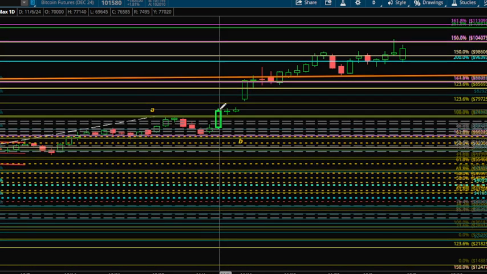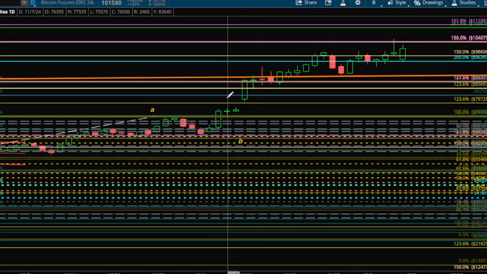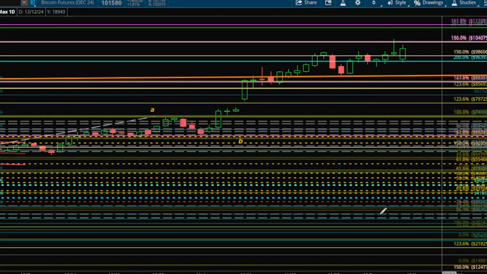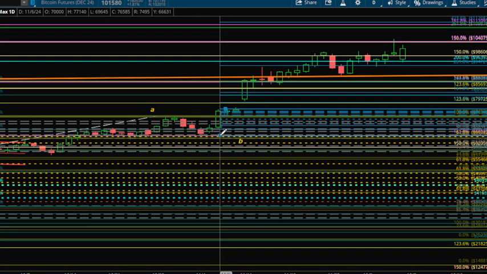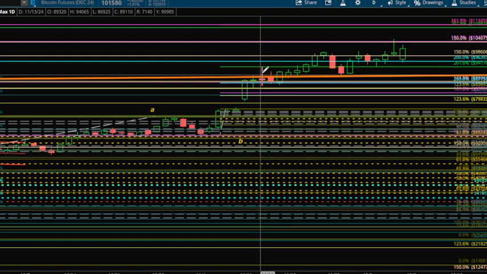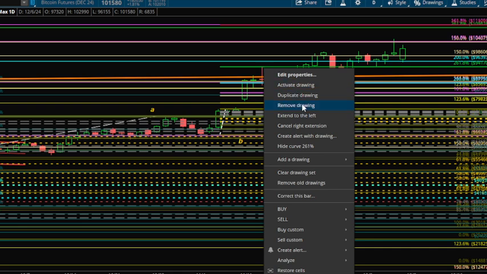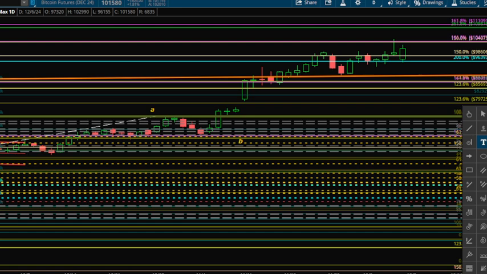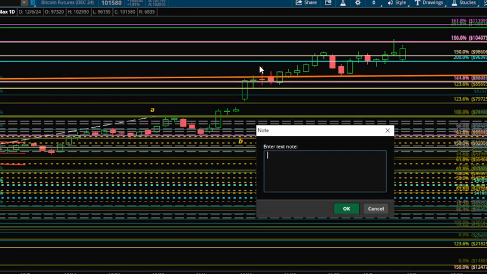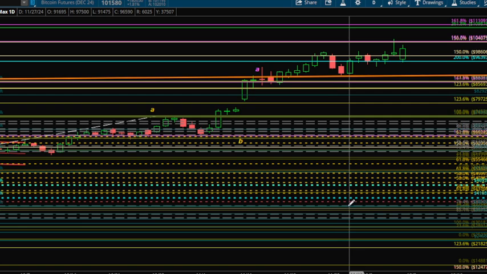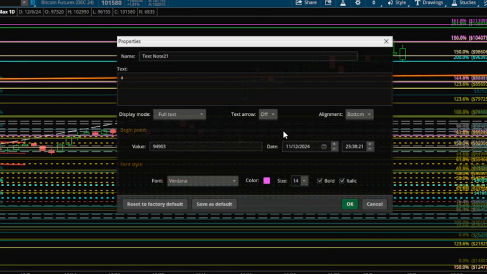So maybe this is a 1, 2, 3, A, B, C. So let's find this first move. Look at there, right at the 261.8. So we're going to count that one right there. Let's mark that one. And a lesser degree, we're going to go minor, or minute degree, I'm sorry. Put that in white.